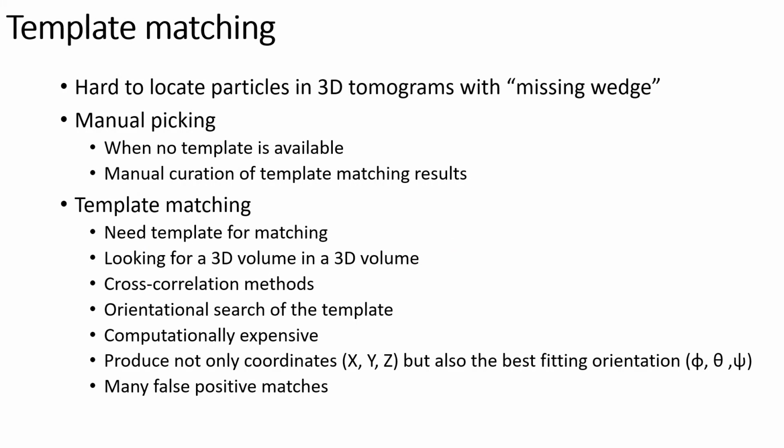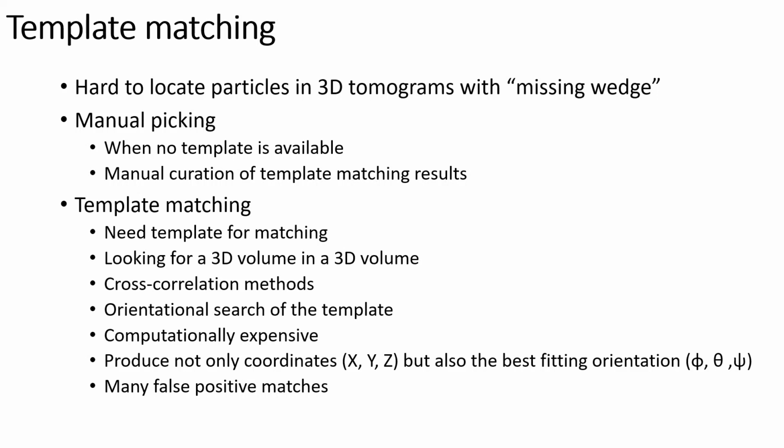We need to somehow locate our particles. It's a little bit harder to locate particles in a 3D tomogram than in a 2D projection. As we have already seen, for example for SPA, we can do manual picking. This is possible, of course, also for tomograms. However, we need to be aware that we are not seeing a single projection image here, but going slice by slice over our tomogram.